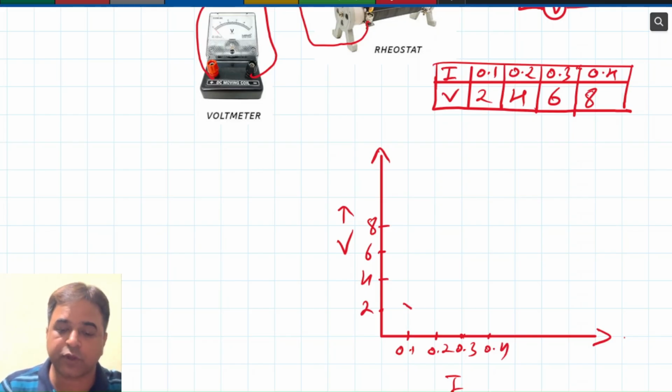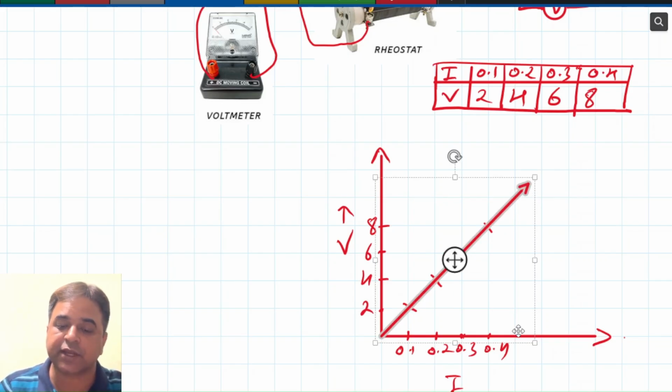So for 0.1 it is 2, for 0.2 it is 4, for 0.3 it is 6, for 0.4 it is 8. So if you see this graph, it is coming straight line. So this is the straight line graph.